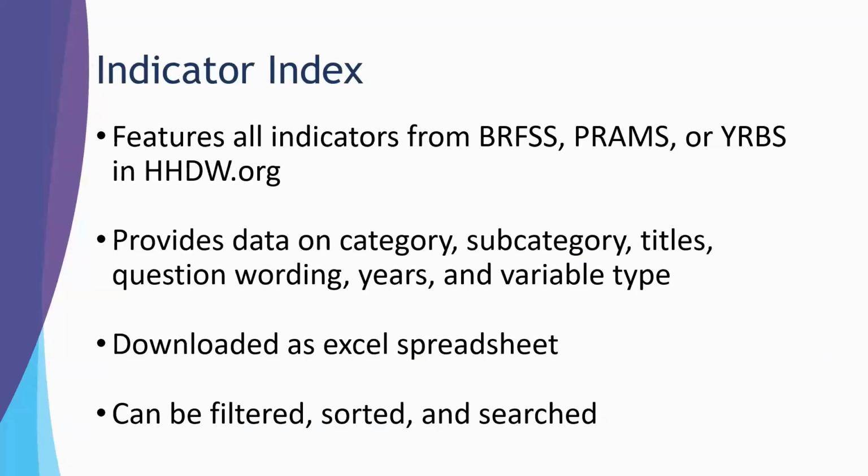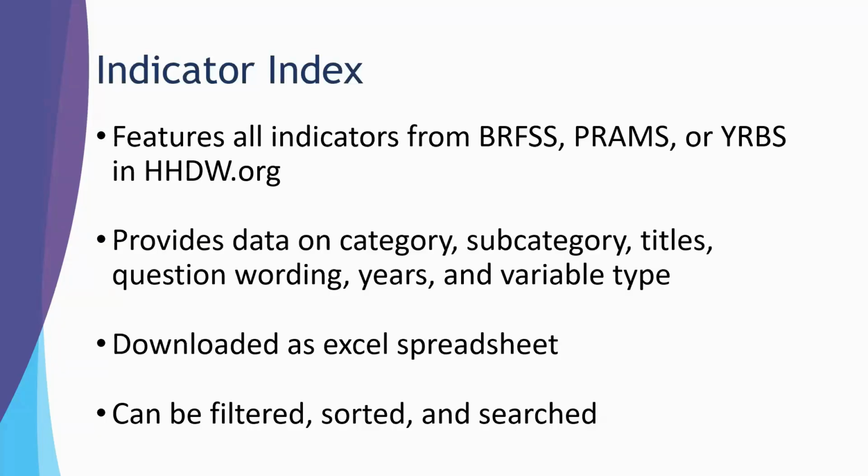Okay, let's talk about the indicator index. This resource also features all of the indicators available in BRFSS, PRAMS, or YRBS in HHDW. Just like the content maps, they're organized into the categories and subcategories that you see in HHDW, and they use the indicator titles. But these spreadsheets give you a little bit more detail.